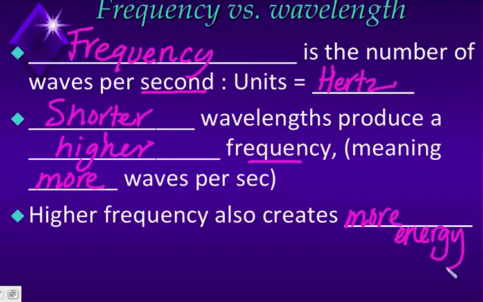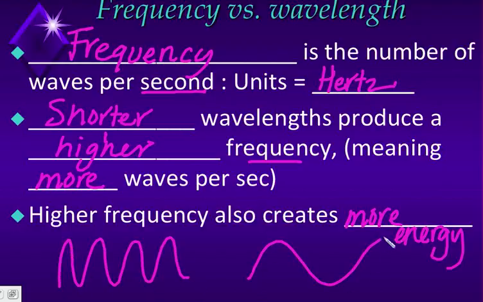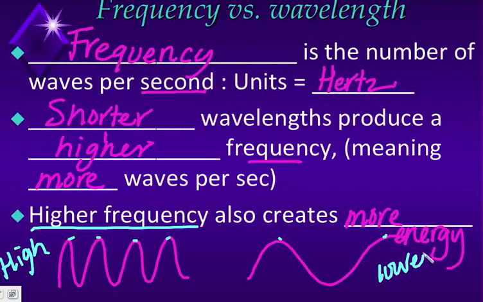So if I gave you a little question here, looking at two different waves, which one would you then tell me has a higher frequency? Again, frequency, thinking about happening more often, more waves per second. This one over here would have a high frequency, as the waves would happen more often than this one here. This one has a much lower frequency, and therefore it would have less energy.